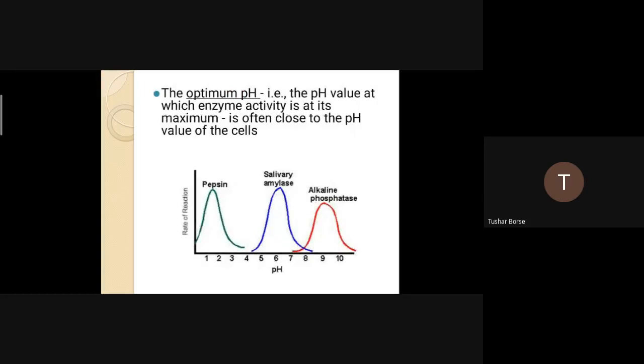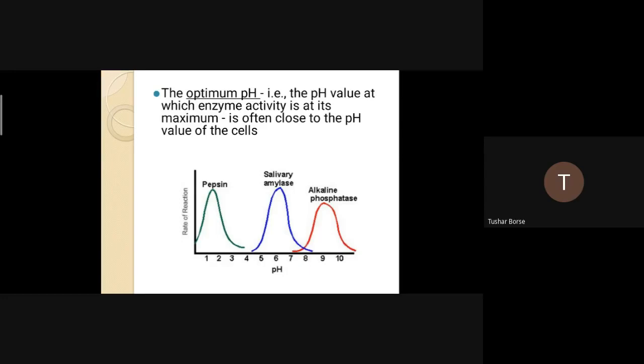As we can see over here, the three enzymes pepsin, salivary amylase, and alkaline phosphatase are plotted. We can see that the optimum pH of pepsin is in between 1 and 2. So the rate of reaction of pepsin will be maximum in the range of pH 2, and if we increase or decrease the pH, it will drastically reduce the rate of reaction.